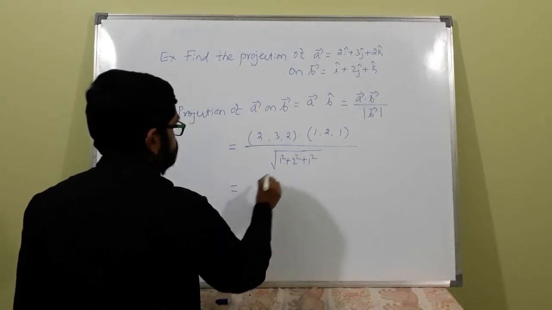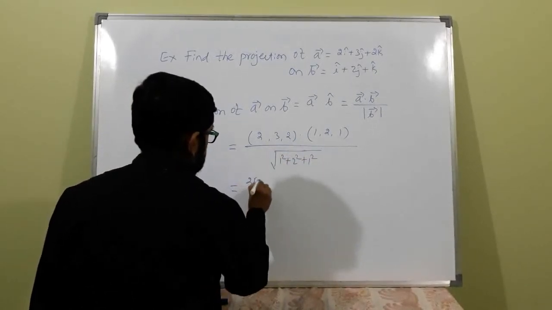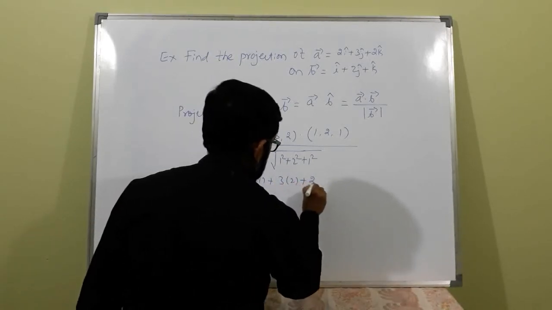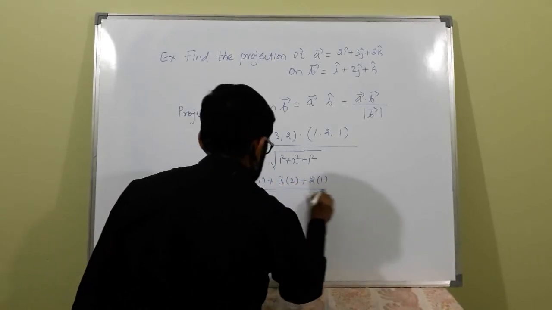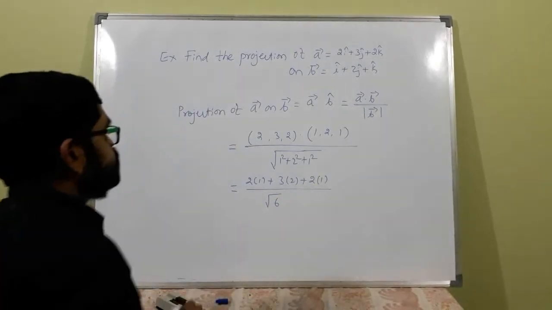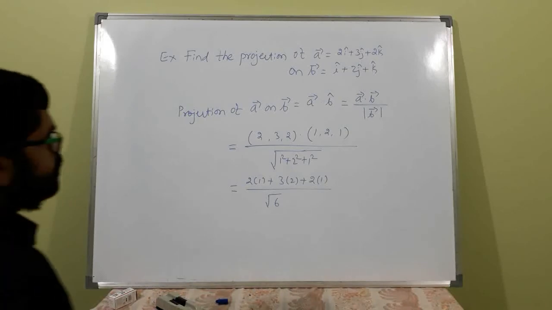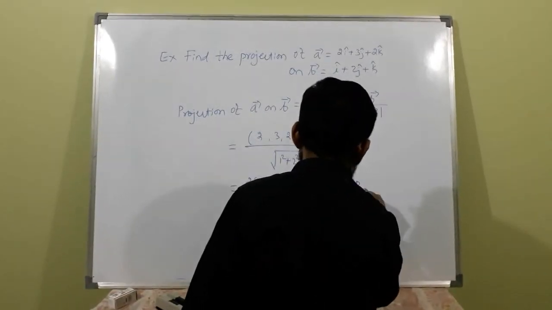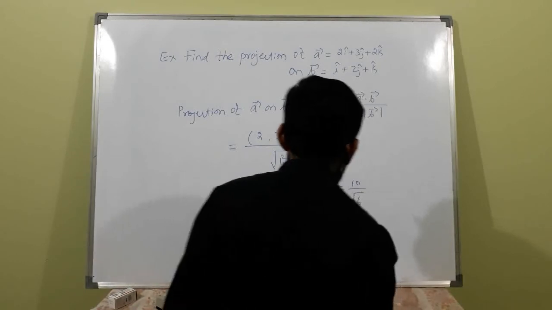That is 2 into 1 plus 3 into 2 plus 2 into 1, whole divided by root 6, that is 2 plus 6 plus 2, which is 10. So 10 over root 6.